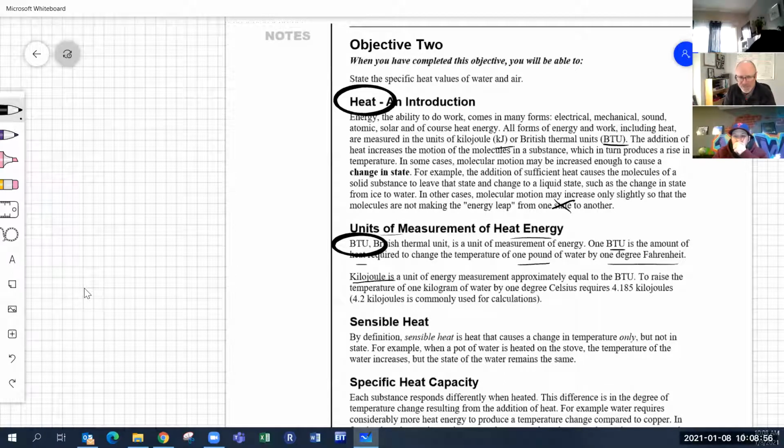And they say it takes 4.2 kilojoules to raise 1 kilogram of water by 1 degree Celsius. So that's really a metric equivalent of a BTU, but we're using a kilogram and a degree Celsius. So it takes 4.2 kilojoules to do that.